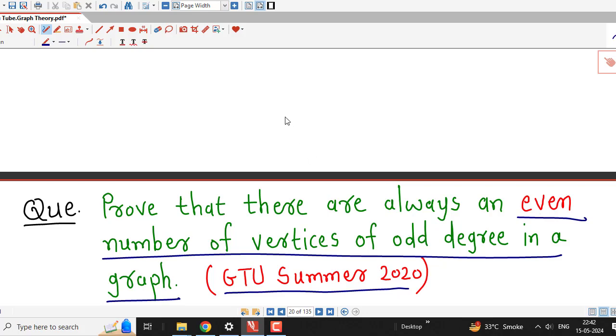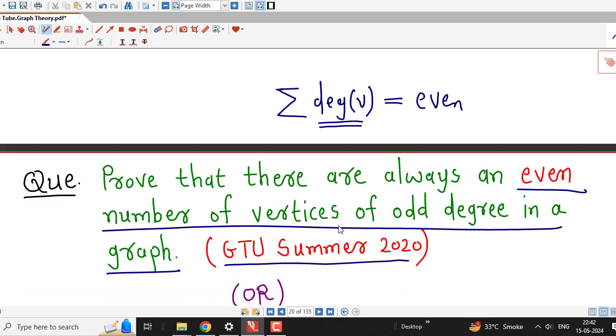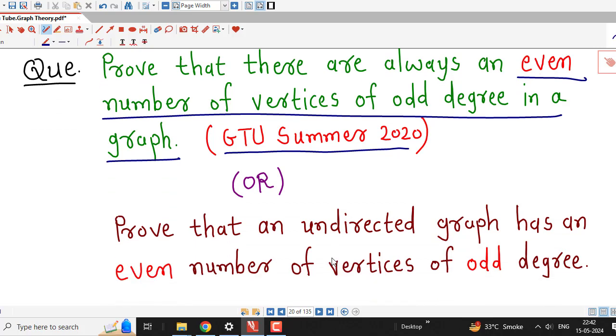That is, if we find sigma degree of v, where degree of v is an odd number, then this sum is always even. There are always an even number of vertices of odd degree in a given graph. So this we have to prove here.